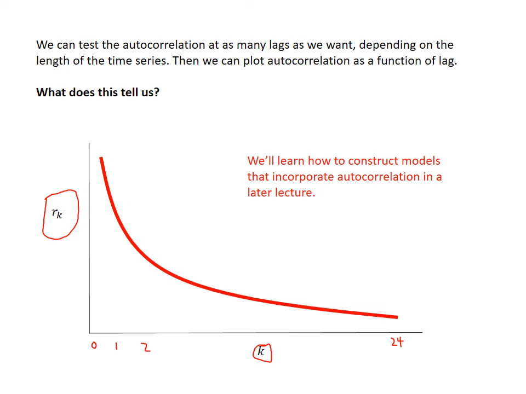So that means that when you have any 2 points, it could be time period 3 and 4, time period 5 and 6, time period 9 and 10, this all gets included in this value here, the correlation at lag 1. So no matter where you are in time, the correlation between 2 consecutive time periods is very high.